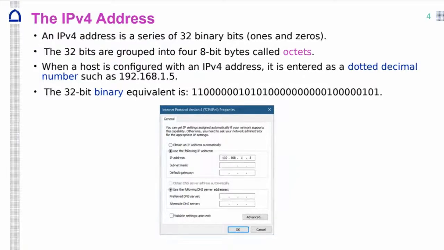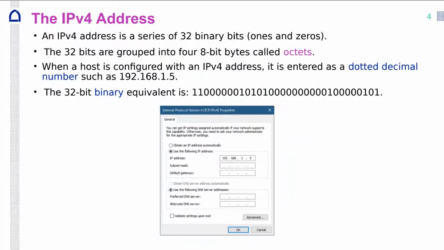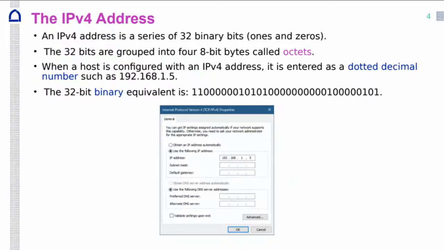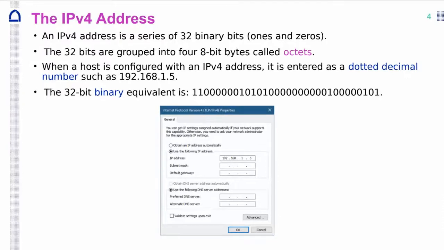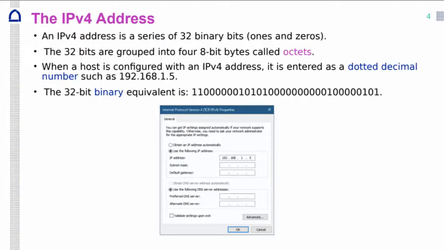They are grouped into four 8-bit groups, and each 8-bit group is called an octet. The octet is entered in dotted decimal numbers. Dotted, there is a dot. Decimal, like 192.168.1.5. There is no dot at the end, okay?